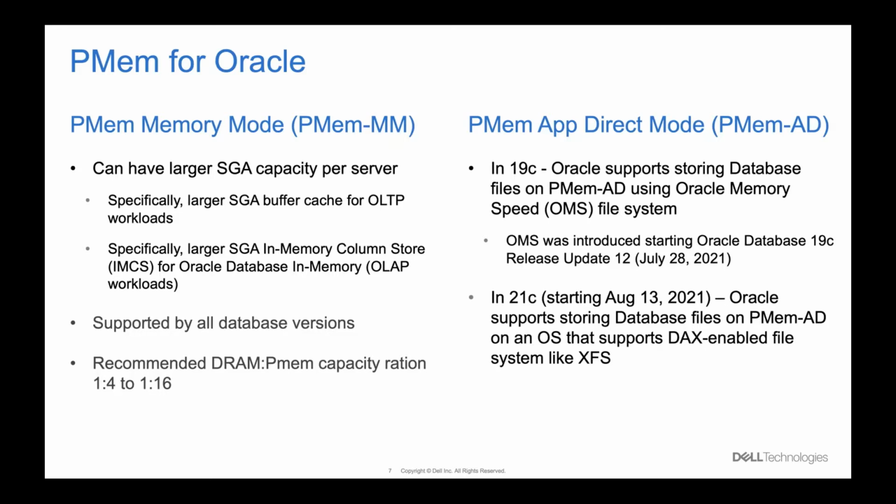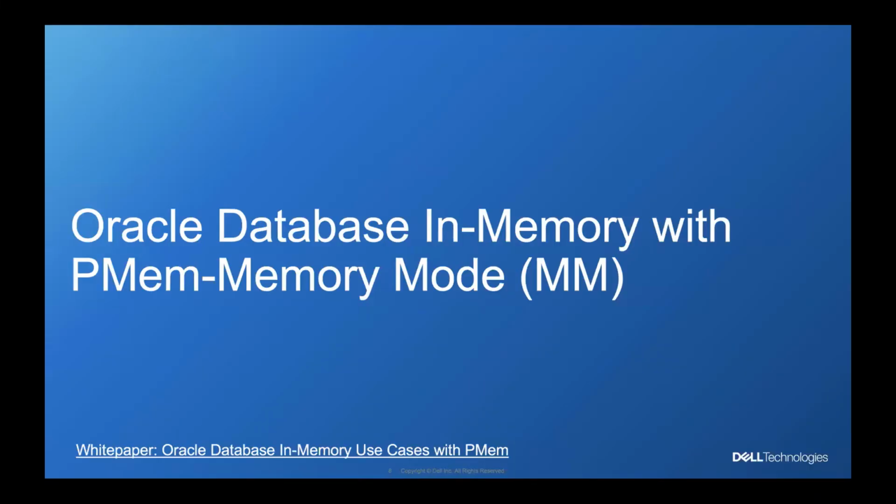So in Oracle 19c update 12, it's possible to store database files on PMem using Oracle memory speed file system, and then in the latest release of Oracle database 21c, one of the latest, it's possible to store the database files with support from the OS.